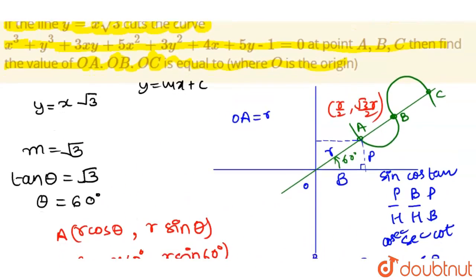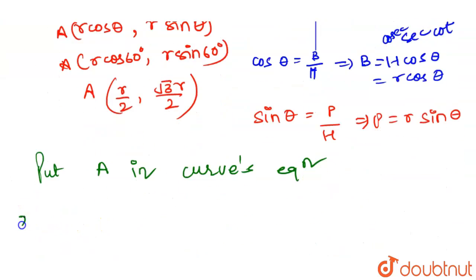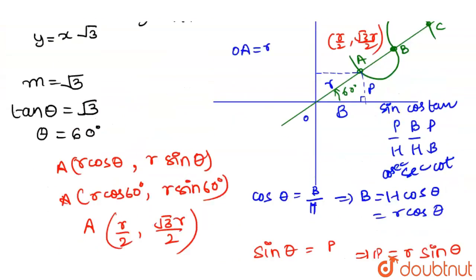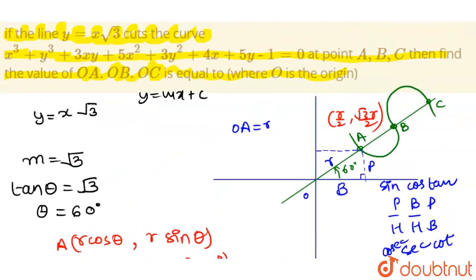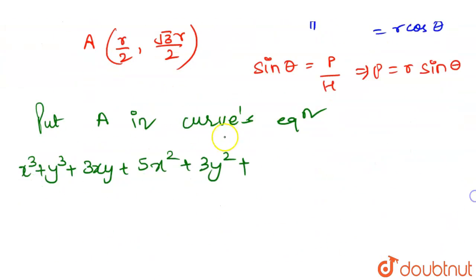The curve's equation is x cube plus y cube plus 3xy plus 5x square plus 3y square plus 4x plus 5y minus 1 is equal to 0. We have the point as R by 2 and root 3 R by 2.